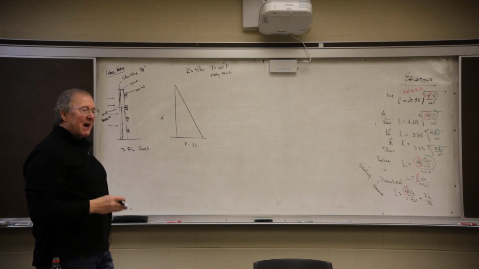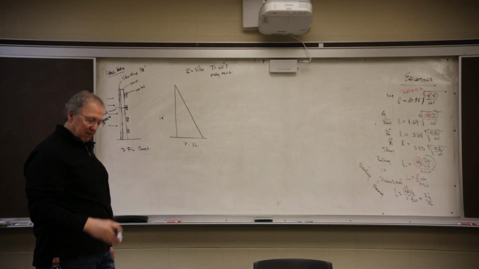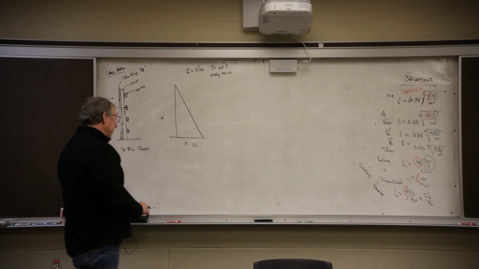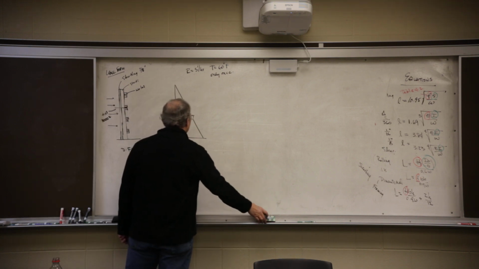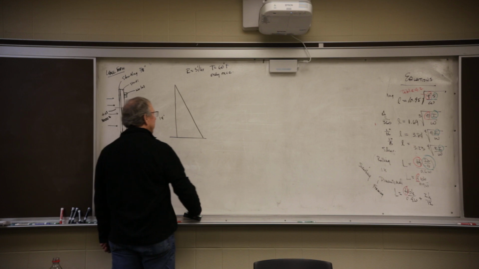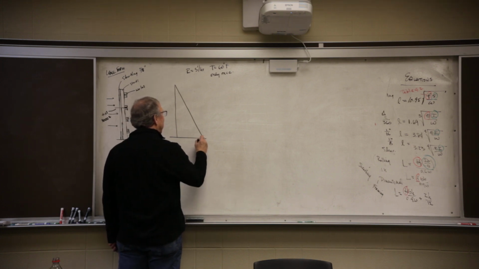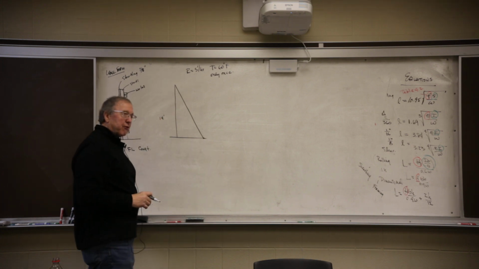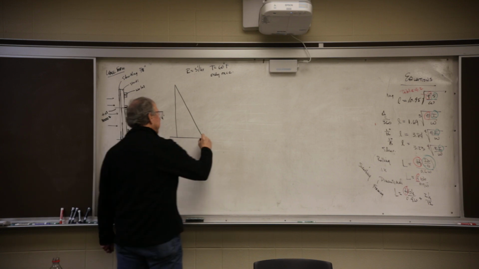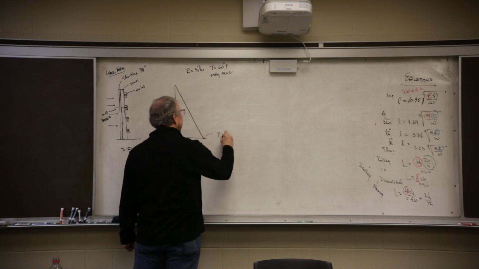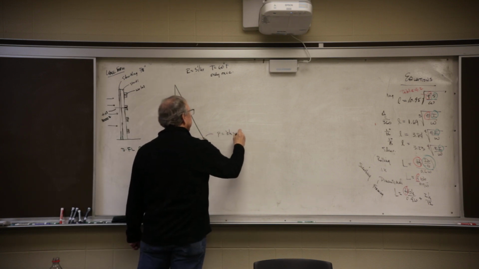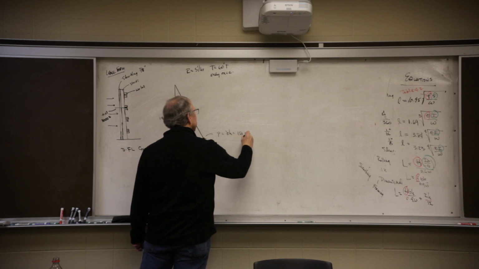It's liquid. When we pour concrete, it's a liquid. Therefore, if we poured 14 feet of concrete and you wanted the pressure right at the bottom, after 14 feet, this number right here would be gamma H: 150 pounds per cubic foot times 14 feet.